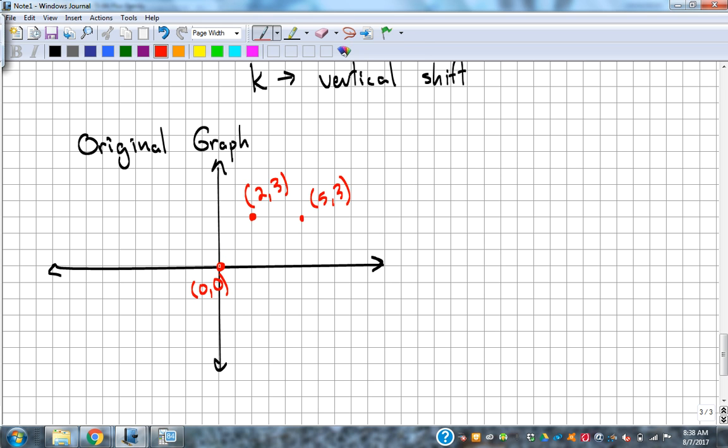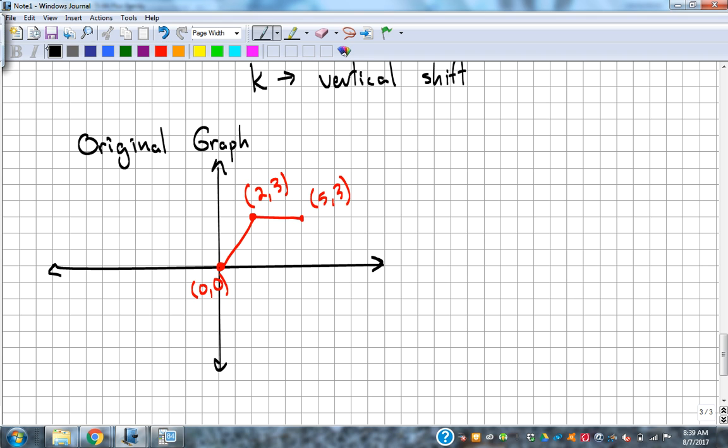And then they connect that with a line like that. So this is the original graph. And they purposely do not give you the equation of that because this would be a weird equation for sure. It'd be a piecewise equation. But the idea is that that's a function because it passes the vertical line test, right? So we're going to do some transformations on that function. So that's what we want to do.